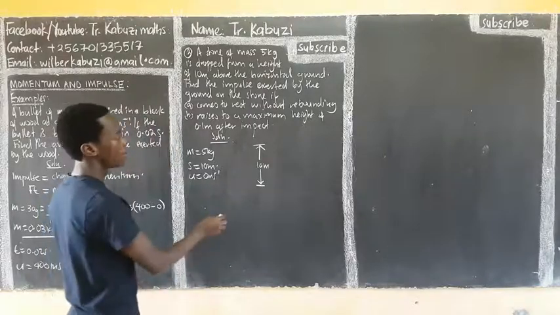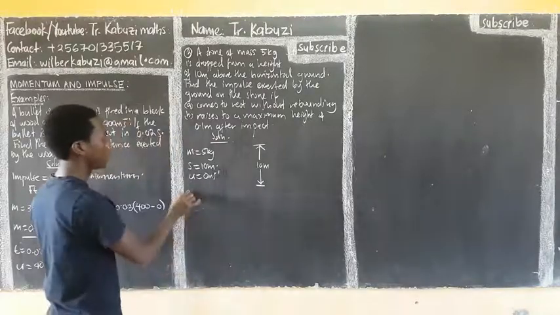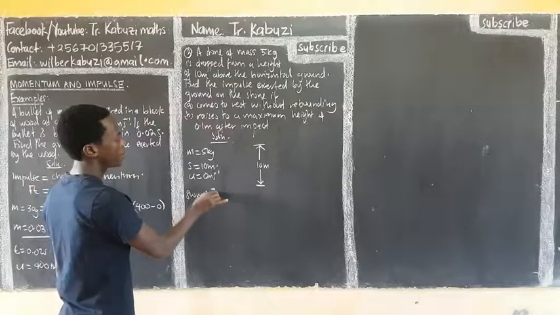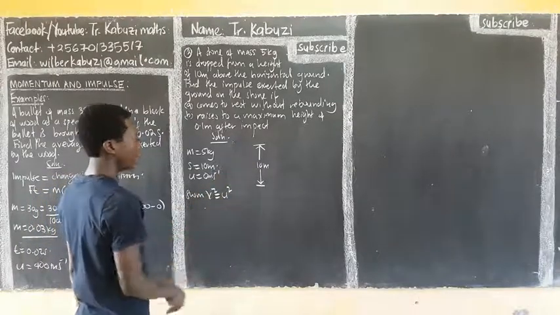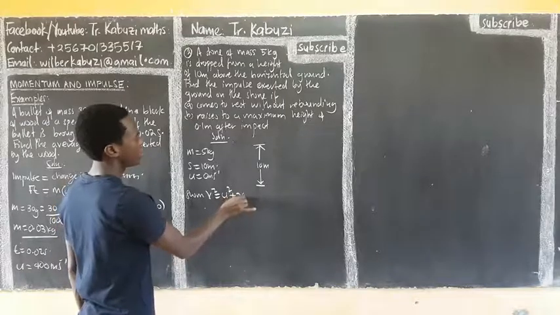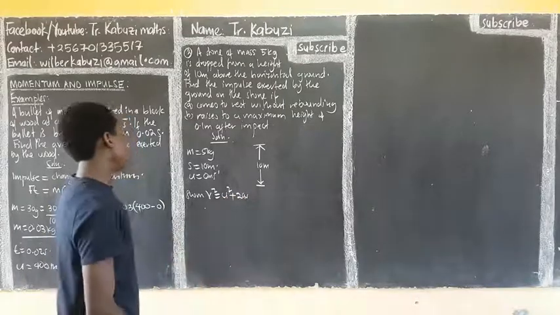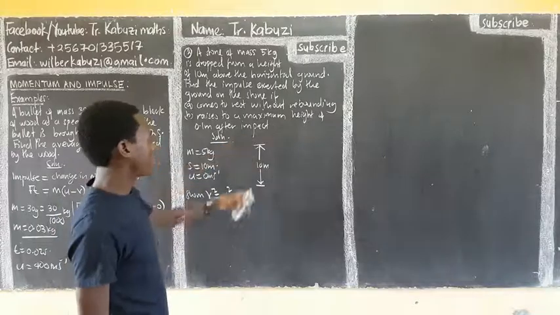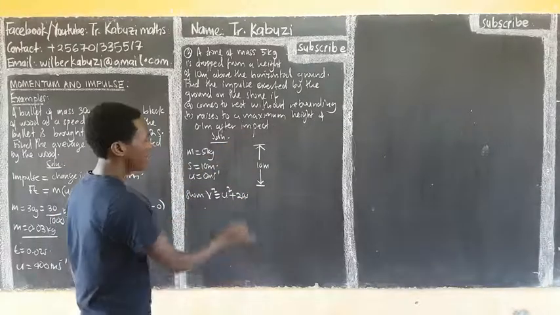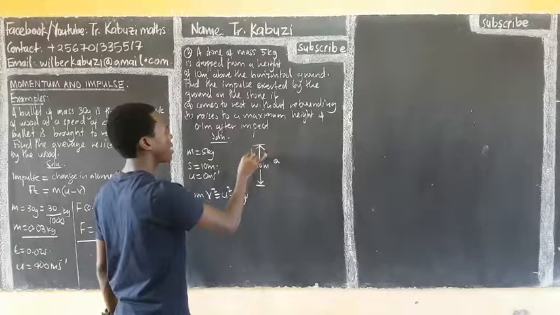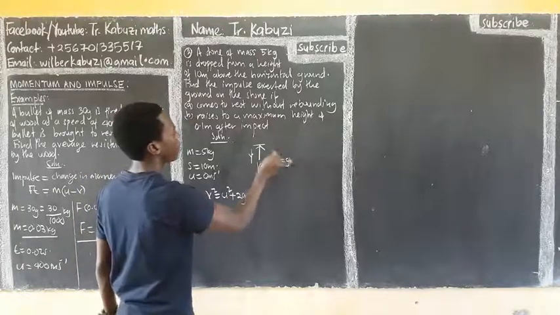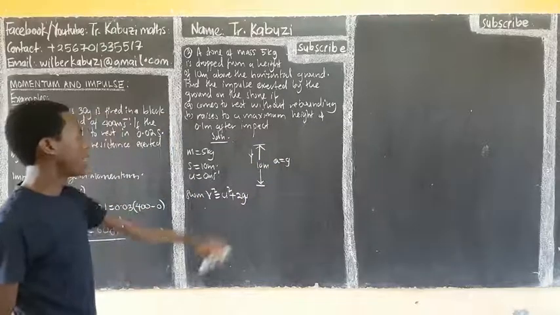So from, of course, from our V squared equal to U squared plus 2AS. So here it's going to be acting with the acceleration due to gravity. So this one now becomes our G. Because it's coming this side, our A is going to be G. It's dropping, so it's gravity acting upon it.